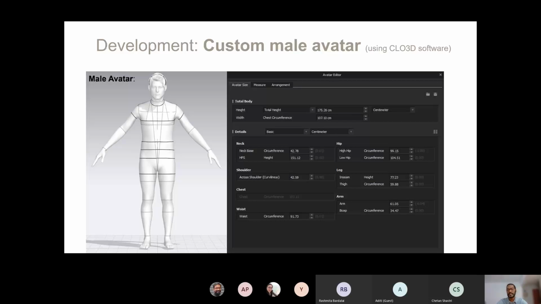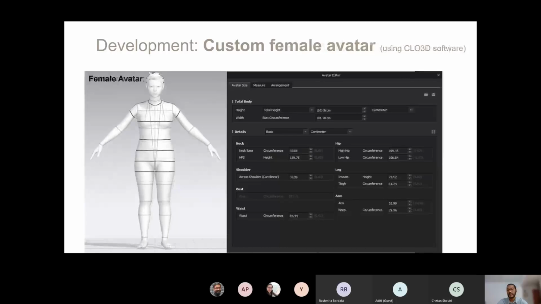So the advantage of this software is you could feed anthropometric measurements, create your own digital avatar, and then do your fit testing on a virtual model. So once I had the measurements, I proceeded on to developing virtual avatars for both the male and female population.